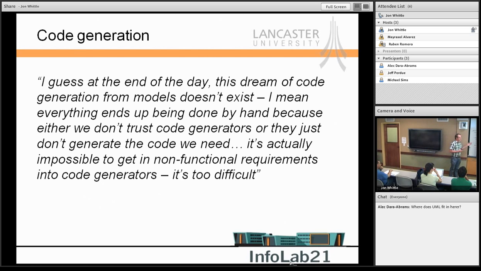But they said they would never actually use the code generator in the final system, because they've got all these difficult non-functional requirements to deal with, and it's just cheaper to get experienced programmers to code that by hand. So it's an interesting case of a company that liked MDD, but the main reason they used MDD was not for code generation. If it was just for code generation, they would be using it for the deployed code, right? But they're not using it for the deployed code.